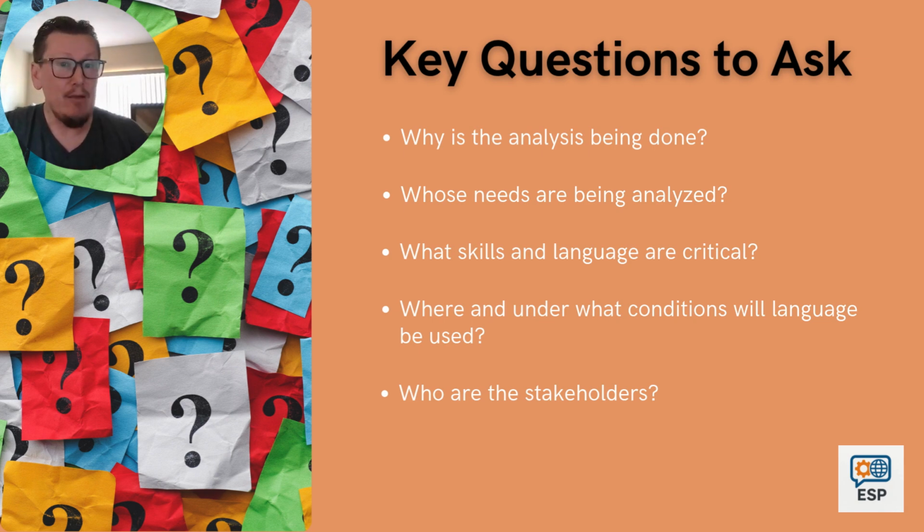What skills and language are critical? This is something that you're going to uncover through the process of your needs analysis, but it is an overarching question that you have to constantly have in your brain. What skills and languages are critical? What am I looking for? Or not so much what am I looking for, but what's emerging from the information? Is it a lack of pronunciation clarity, maybe their accent is far too heavy, maybe their listening, I don't know.